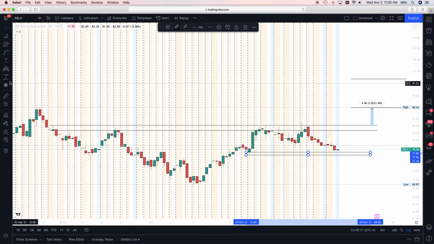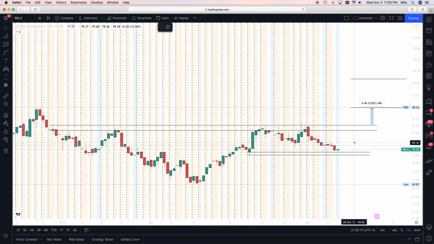So from this level, if we were going to wait for the next green candle here at the daily high, it gives us a good target here, almost $5.